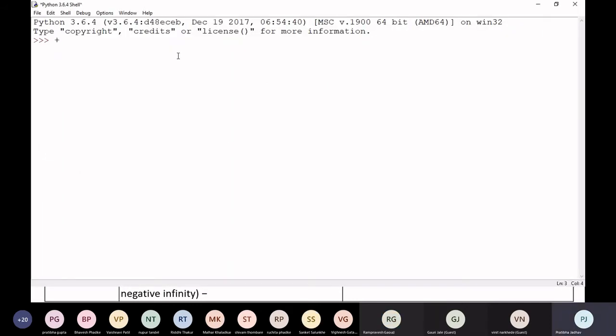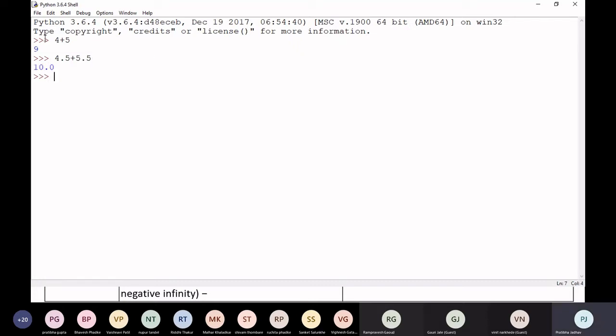Okay, the first is the plus symbol. I'll take 4 plus 5. Then it is displaying the addition of 4 plus 5. Now 4.5 plus 5.5, again it is going to display the addition.